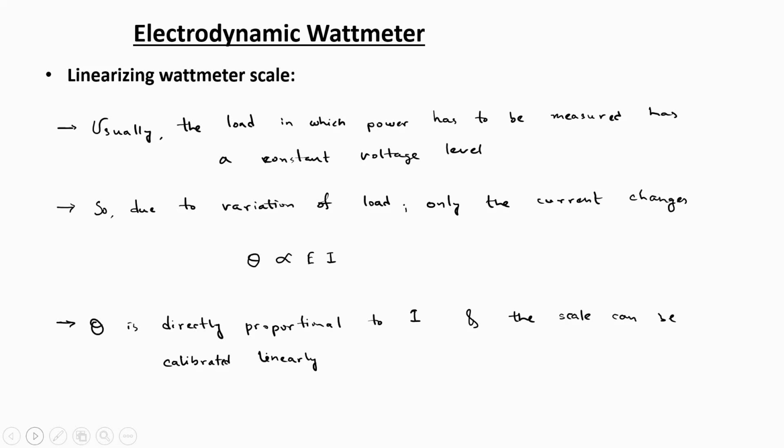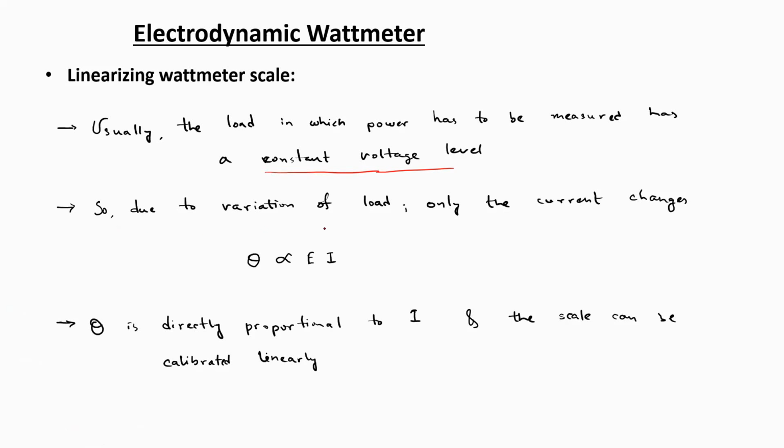Normally the supply voltage is kept constant, which means the voltage across the load is also going to be constant. If the voltage across the load remains constant, then the current flowing through the moving coil is also going to remain constant.